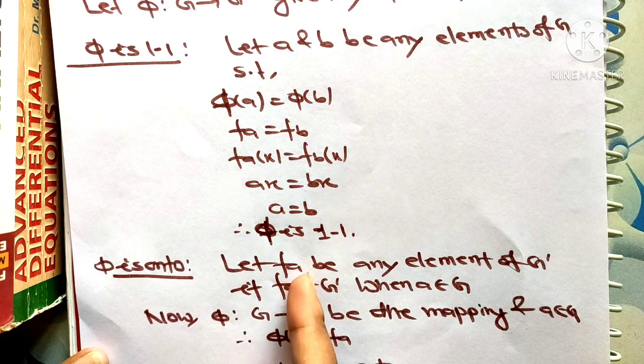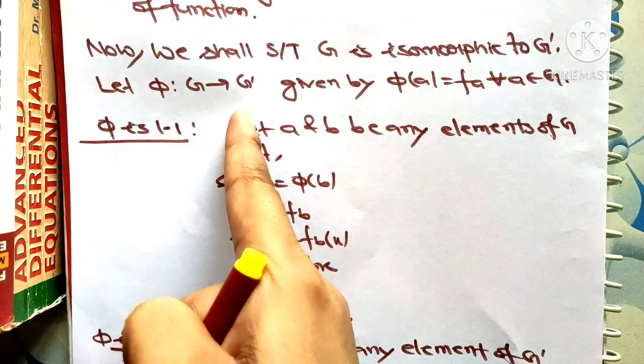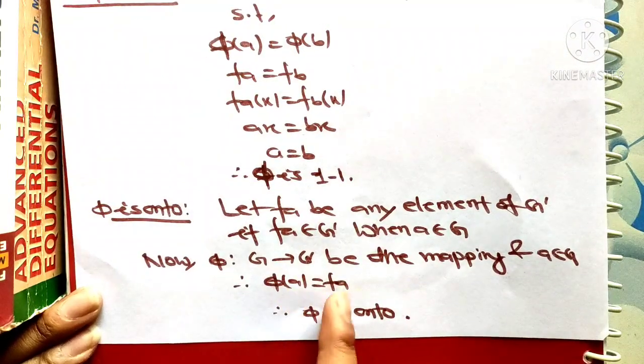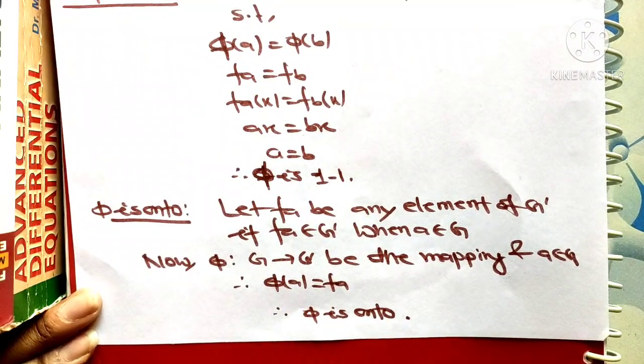So there exists an element f of A in G dash if and only if there exists an element A belonging to G for which phi of A is equal to f of A. So phi is onto.